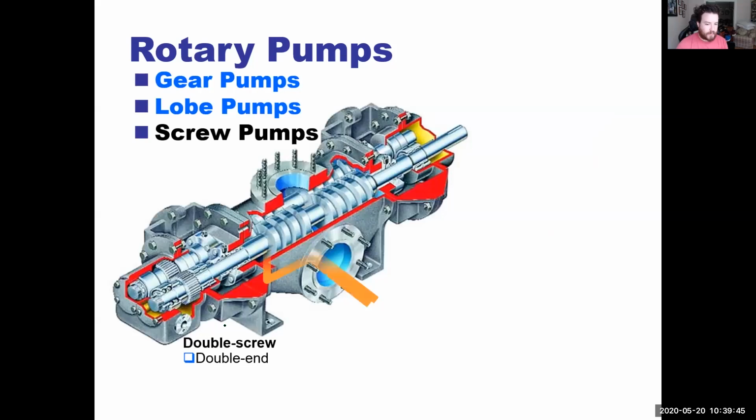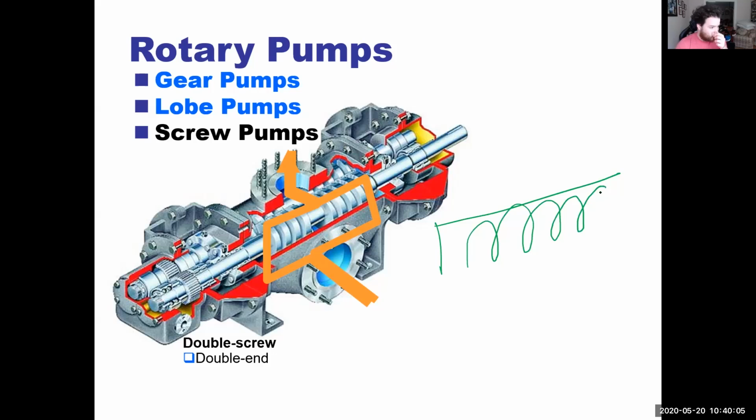And then we have screw pumps. Basically, the way screw pumps work is it's just the basic way pumping used to be done. Like with the Egyptians, they had screw pumps. It's basically a screw that's just bringing up liquid. Every single time you turn the screw, it's entrapping liquid between itself and the casing.